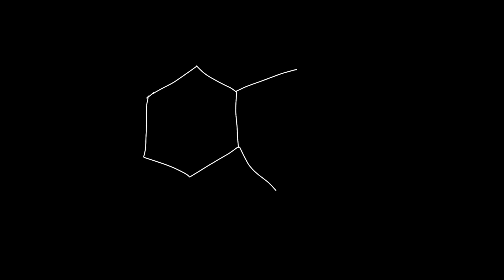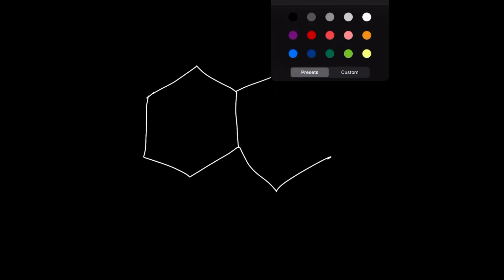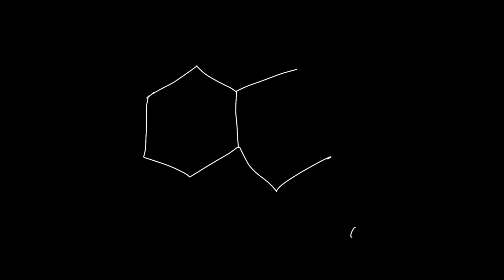But we'll get to numbering here as we have more than one substituent on this ring of carbons. So here we have 2 substituents. We once again have a cyclohexane ring because we have 6 carbons. We can count this way to make it so that the ethyl is on carbon 1, or we can count this way to make it so that the methyl is on carbon 1.